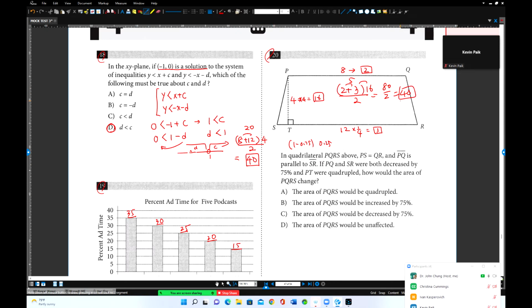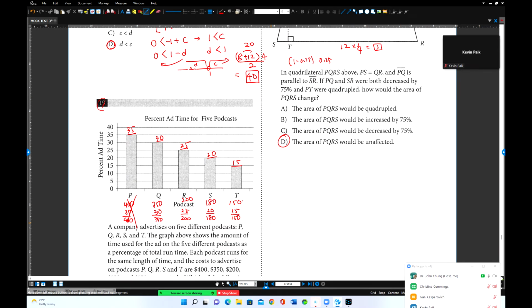Okay, so the area doesn't change. Or you can use variables too: base 1 plus base 2, times height h, divided by 2, that's the original area, okay? Now I'm going to change it. B is what? A 75% decrease leaves only 25%, the 1/4, okay?